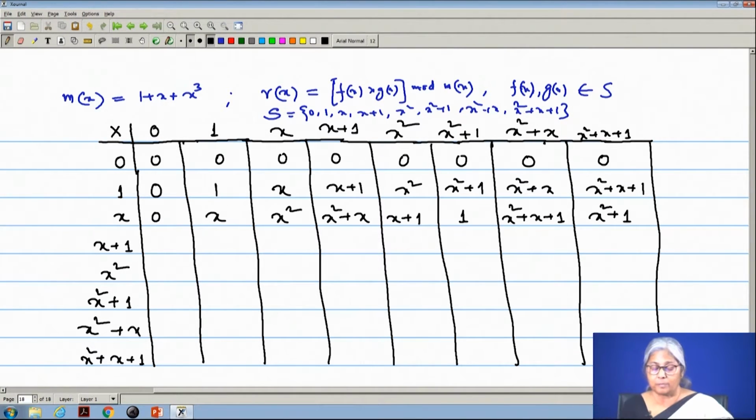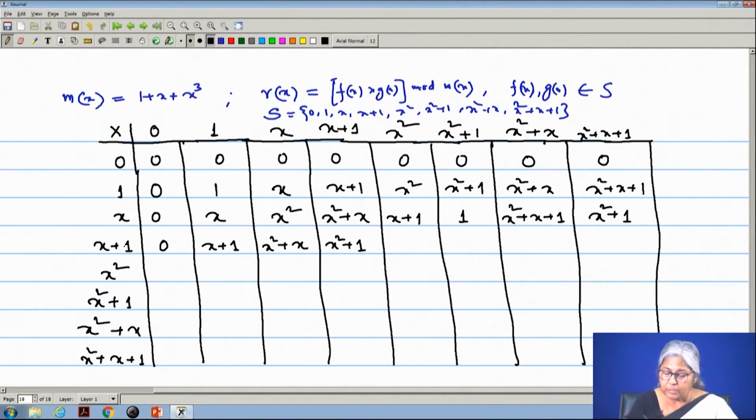So, now I have to take the remainder. Similarly, if I compute that, this will be 0, this is x plus 1, now x square plus x. Now x plus 1 into x plus 1, earlier we have seen this is x square plus 1.